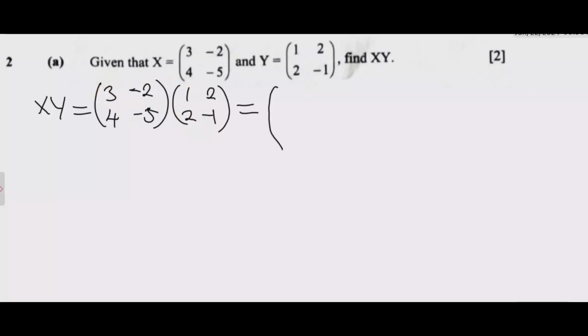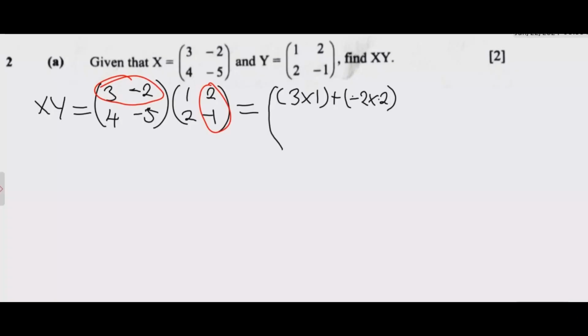Next I'm going to open a small bracket inside, then multiply 3 by 1, so we have 3 times 1, close bracket, then plus, open bracket, -2 multiplied by 2, close bracket. Once we've done that, the next thing is we multiply this row by this column.